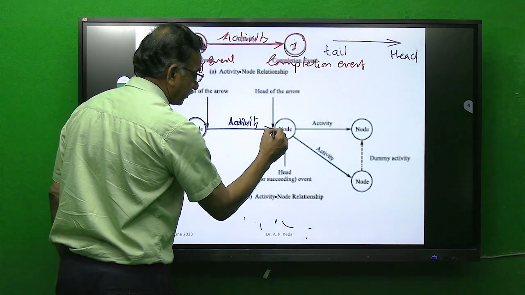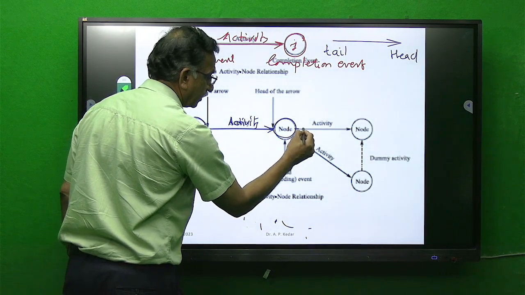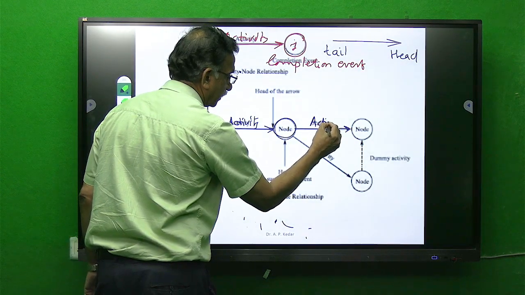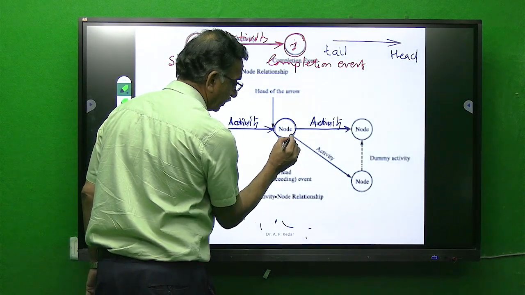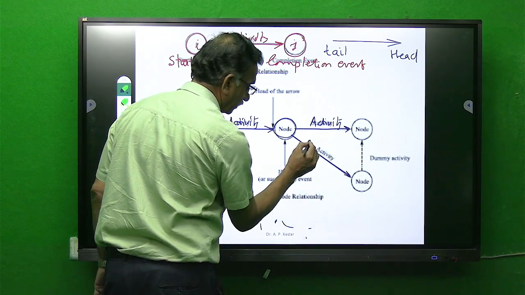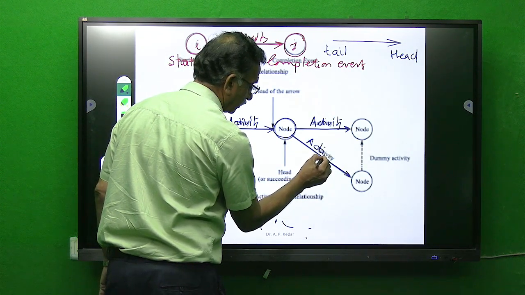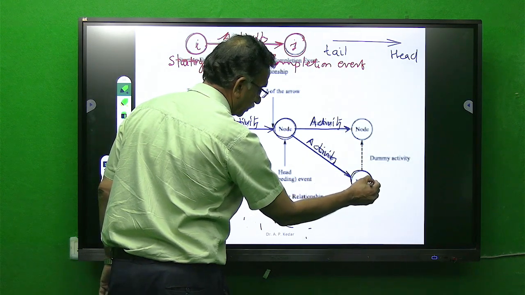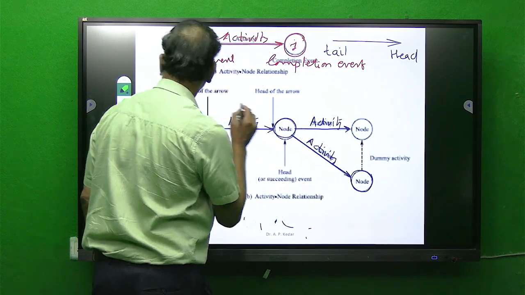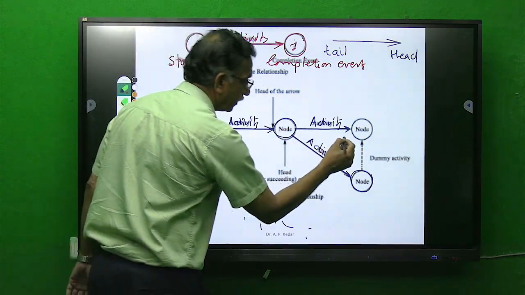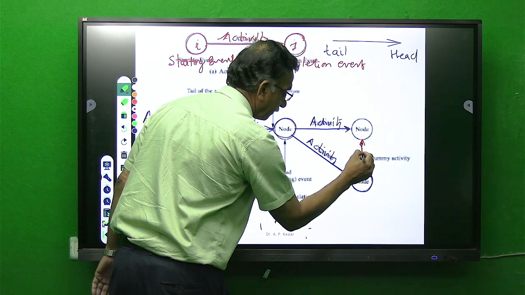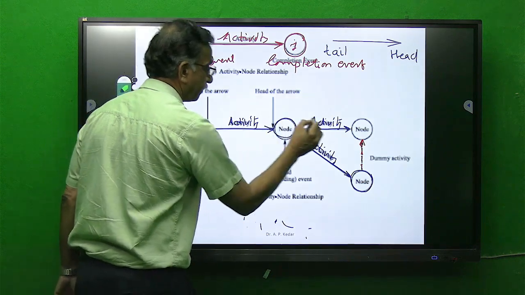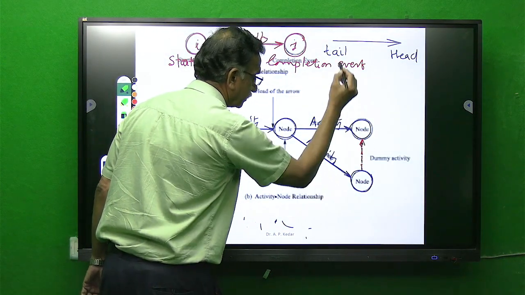And this is again an activity, this is one more activity, and this is a node, and this I will draw by some other color. See.